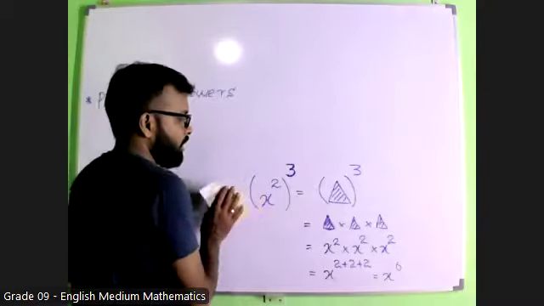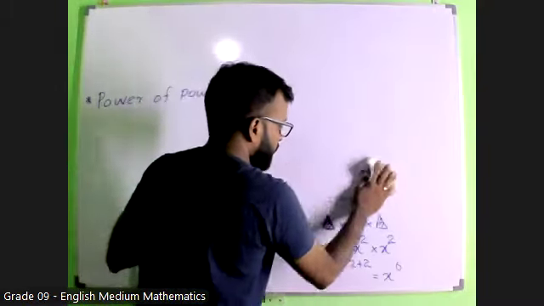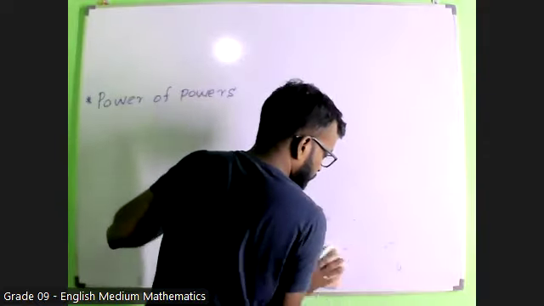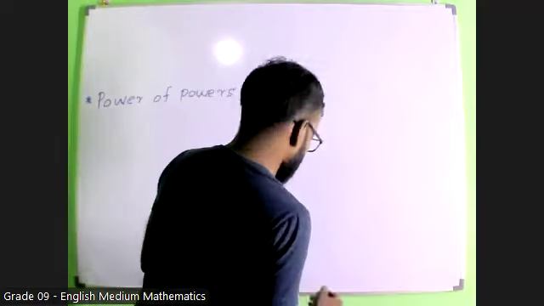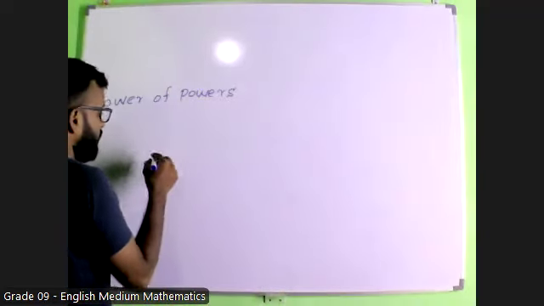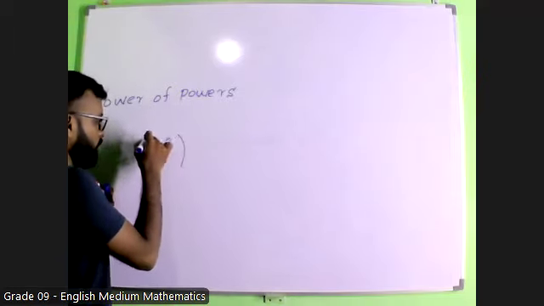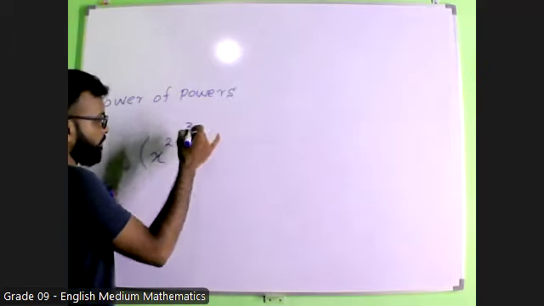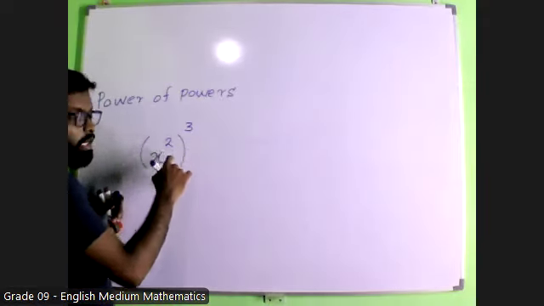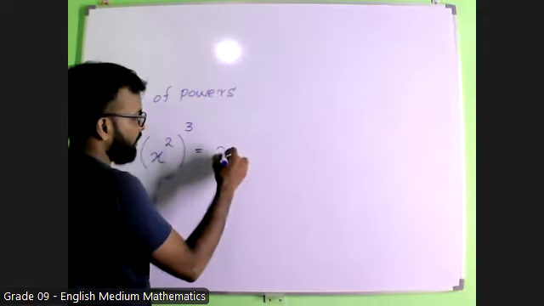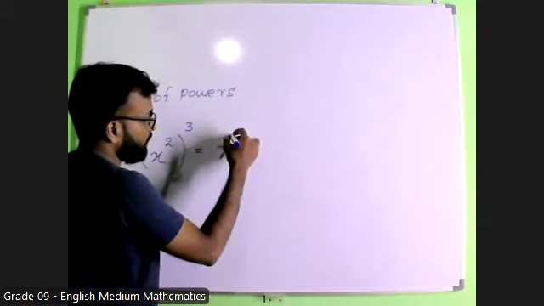What I need to tell you is, you have written down this, and basically, if you see something like that, directly you can say x to the power 2 to the power 3. So what you can do is write down x as the base, 2 times 3.